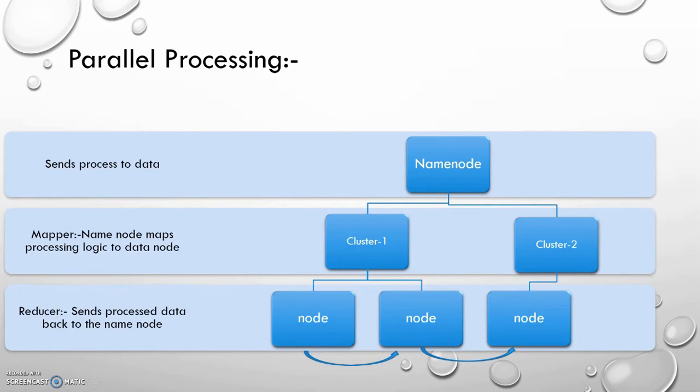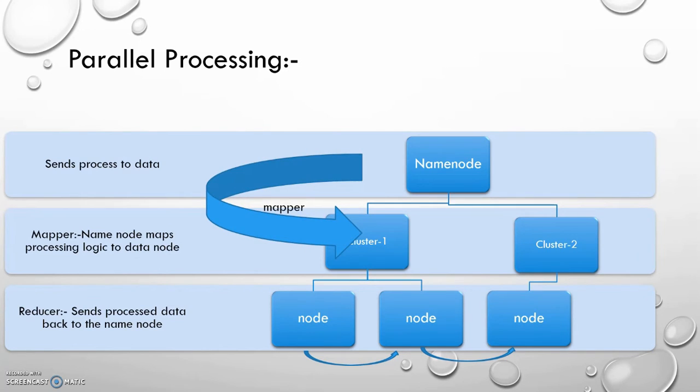And the other thing is parallel processing. Now let's see how Hadoop processes the data. For this we have a concept called MapReduce. The mapper function maps the data logic to the data nodes.